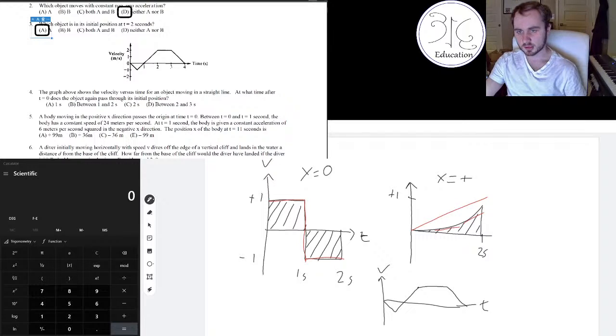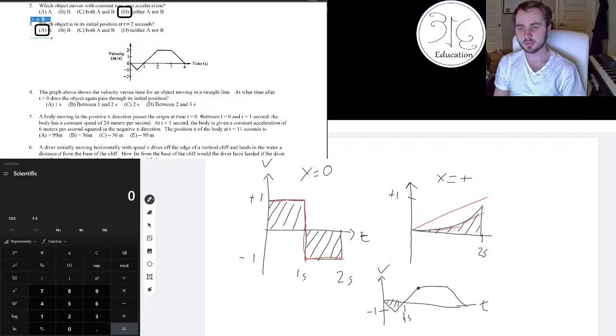And so for our first one, our negative area under the curve is after 1 second, and we have a height of -1, that would be meters per second. So after the first second, we've displaced ourselves by this area.